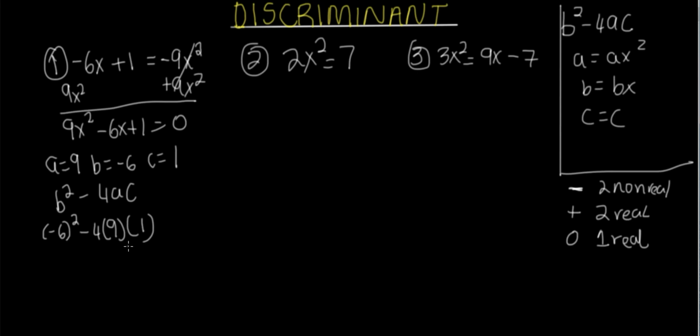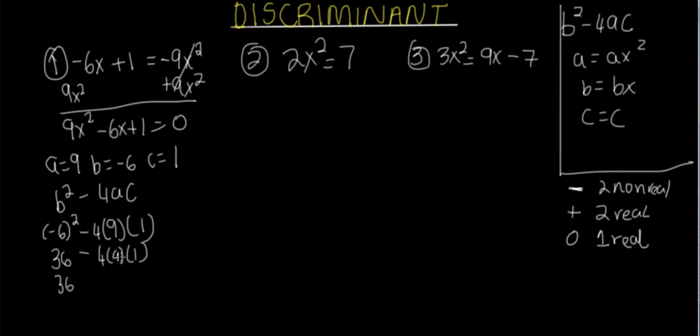So how do we simplify this? Remember that the order of operations says that the negative 6, the exponent part, must be done first. So negative 6 squared is negative 6 times negative 6, which is a positive 36. I'll just drop this down because I don't like to do things all at once. Drop your 36 and multiply.